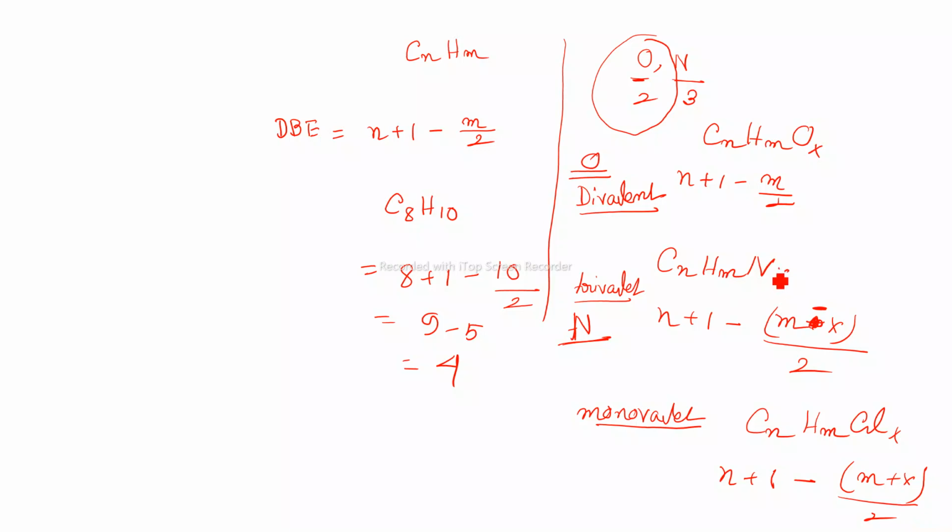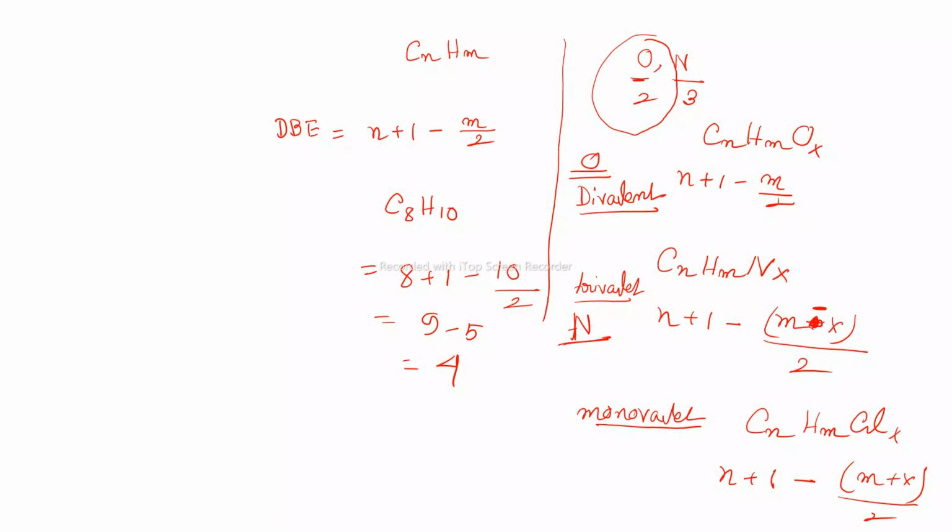So for monovalent, you have to add that much, for divalent you have to do nothing, and for trivalent, you have to subtract. Is it clear? So monovalent, you have to add. For divalent, do nothing, and for trivalent, you have to subtract. Clear?